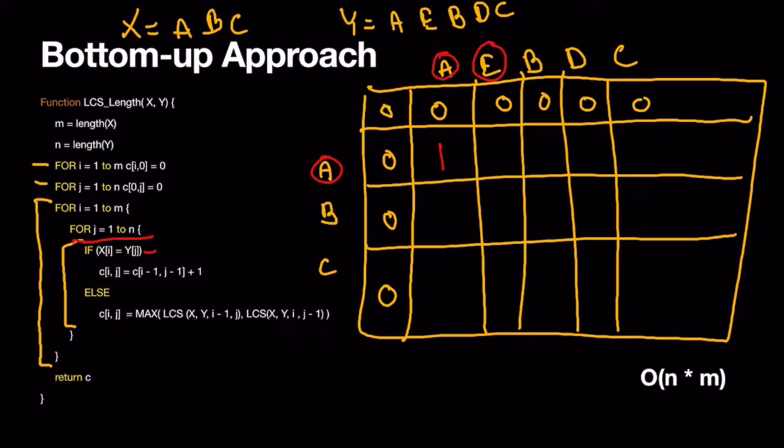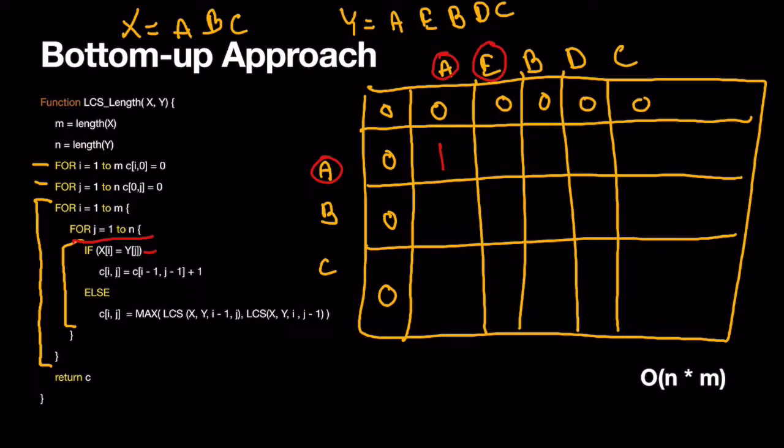Well, they're not equal, so we'll get the max value of i minus 1 comma j and i comma j minus 1. But we can easily see that i is 1, so that'll be 0.